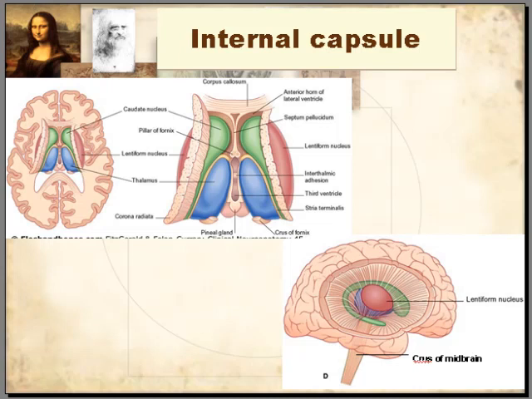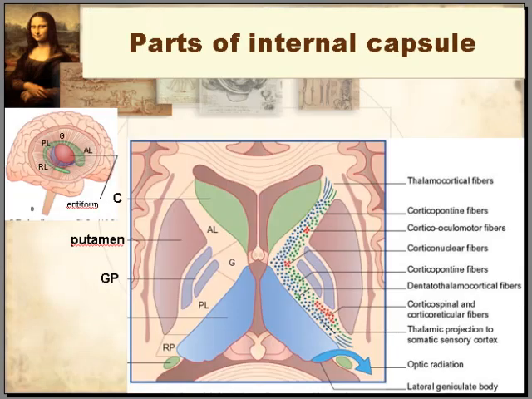When you're doing the different parts, you must know which part contains what fibers. For example, the corticonuclear fibers are present in the genu, the corticospinal, and of course, the sensory pathway is present in the posterior limb. That's the part which is related to the thalamus.